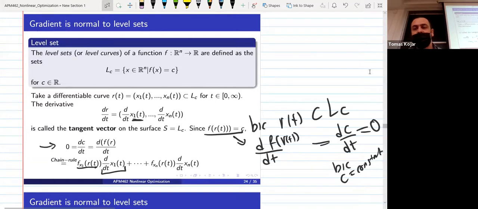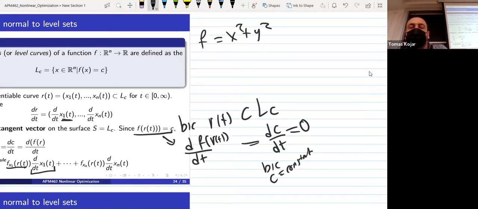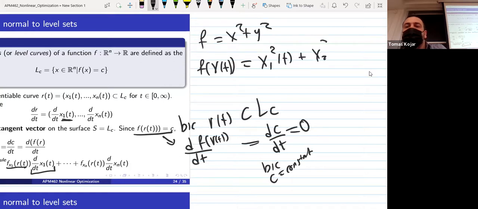What's a good example? Suppose your f is x squared plus y squared, then f of r(t) is x1 squared of t plus x2 squared of t. Yes, absolutely.